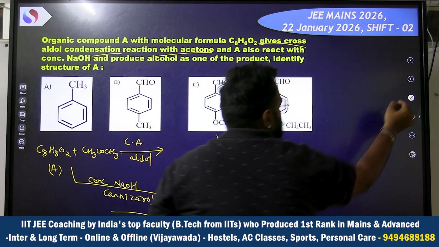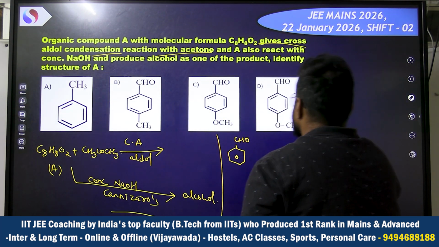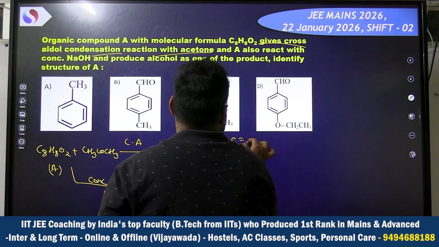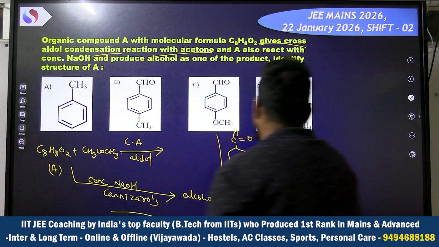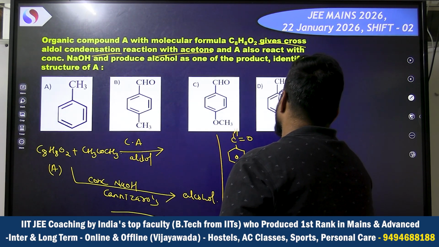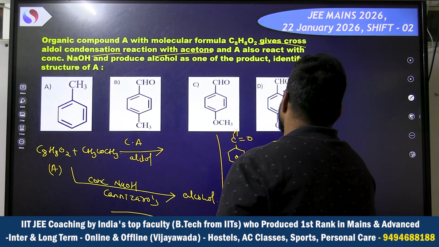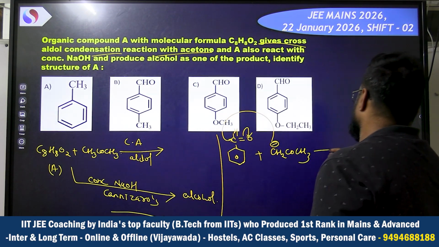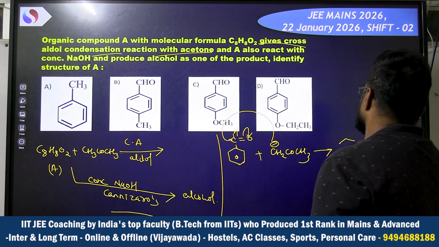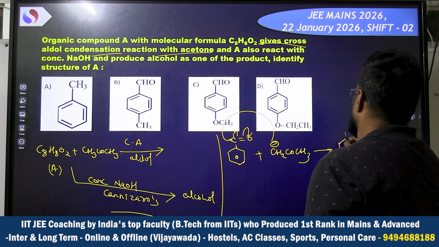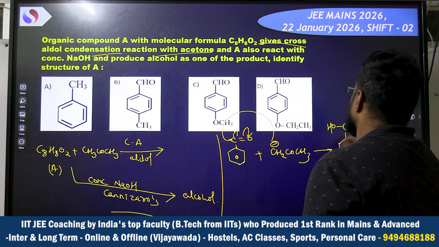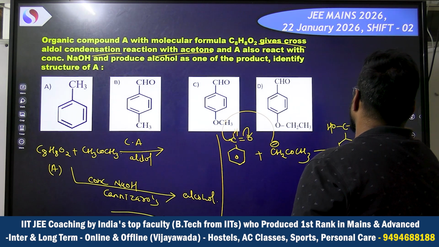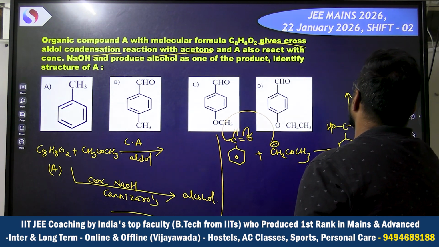Let me write like this: CHO, C double bond O, plus acetone. So acetone has alpha hydrogen, COCH3, it will attack over here. So the product obtained will be CHOH, CH2COCH3 and remove water.